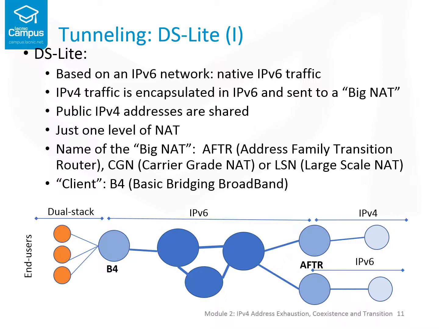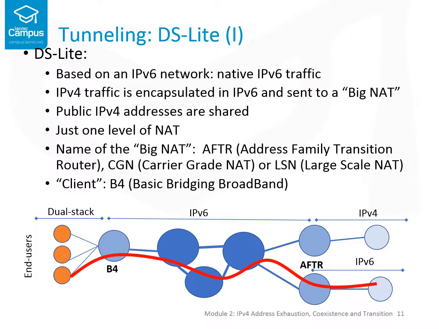Here, the trick is that NAT is performed only once, in the central NAT, and not in each user's CPE. DS-Lite elements are known as AFTRs, Address Family Transition Routers, CGN, Carrier Grade NAT, or LSN, Large Scale NAT, for the powerful NAT, and B4, Basic Bridging Broadband, for the client creating the tunnel.